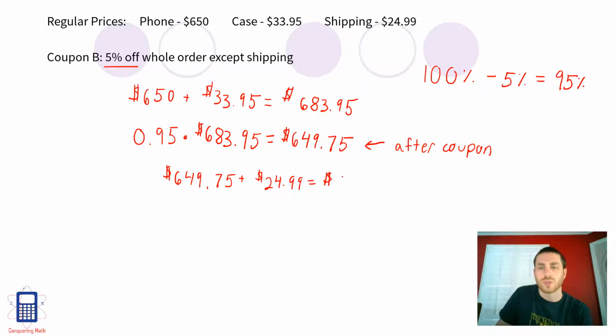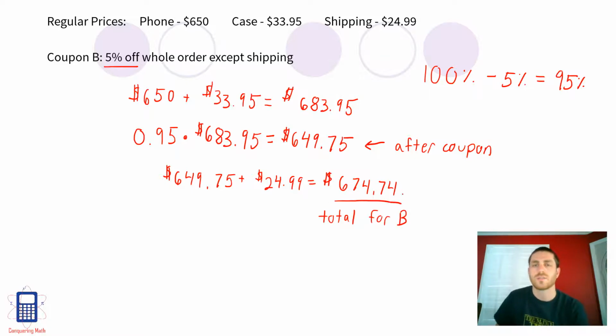So including shipping, he pays $674.74. So this is the total for B with shipping right here, $674.74. Now we know that with coupon A, he only paid $650, so we know right now that coupon B is out. We just now have to look at coupon C.